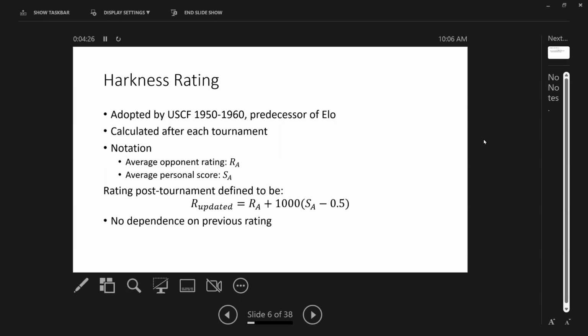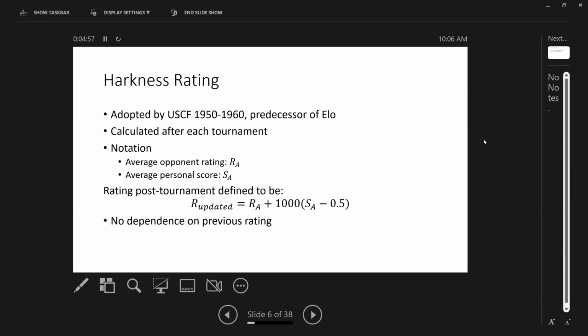And we add this term, 1000 times S sub A minus 0.5. You can think of this term, S sub A minus 0.5, as being, on average, how well you outperformed your competition. If this value is positive, then your rating would be higher than the average rating of the competition. But if you manage to, on average, lose more games than win, then your new rating will be lower than the rating average of your competition.